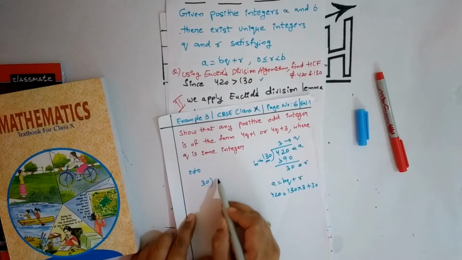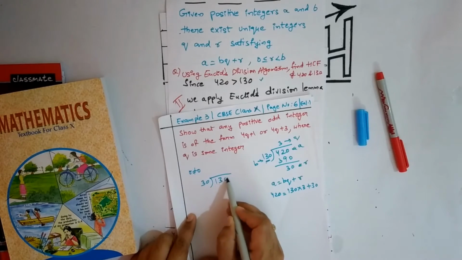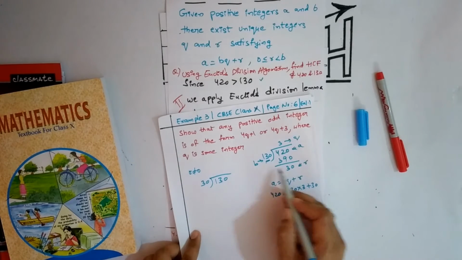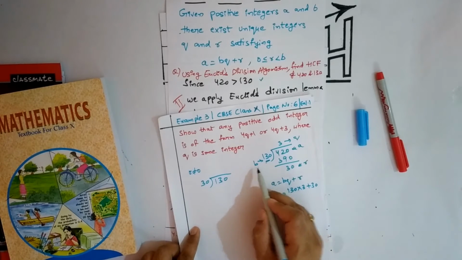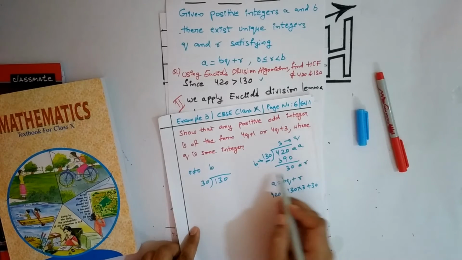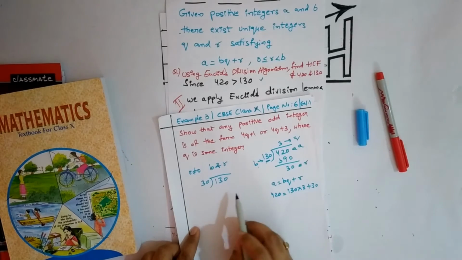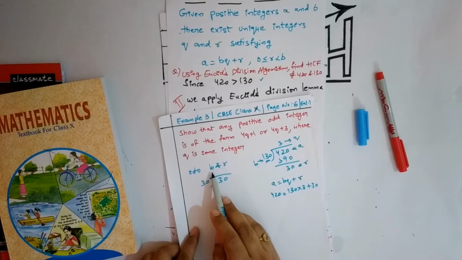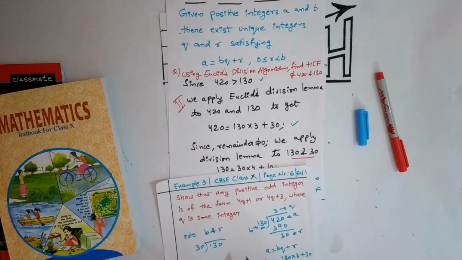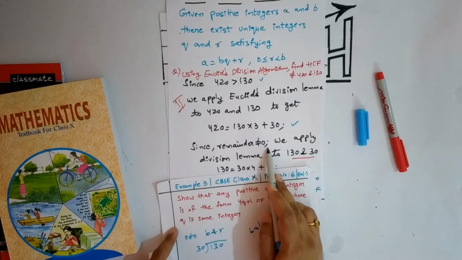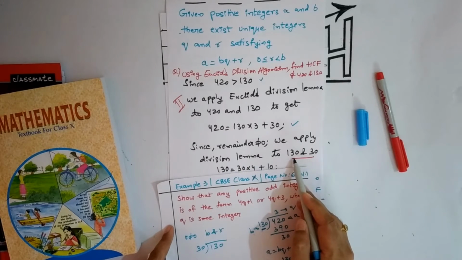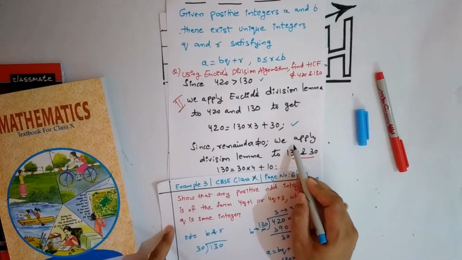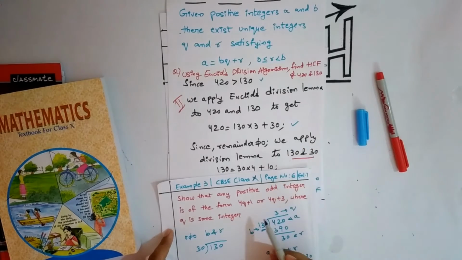So this remainder and the previous divisor, 30 is the remainder and 130 is the previous divisor. 130 is nothing but b and 30 is r. What we are doing is applying Euclid's division lemma to b and r. Since the remainder is not equal to 0, we apply division lemma to 130 and 30, that is b and r.